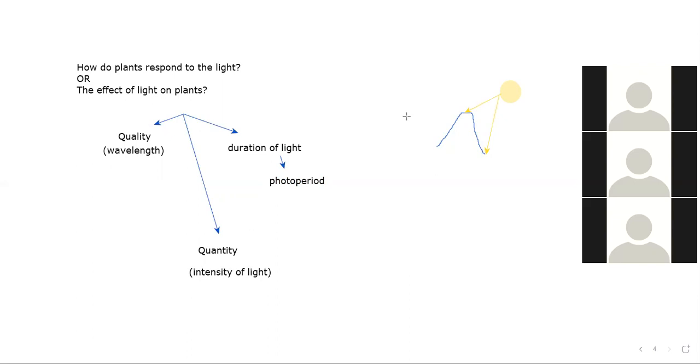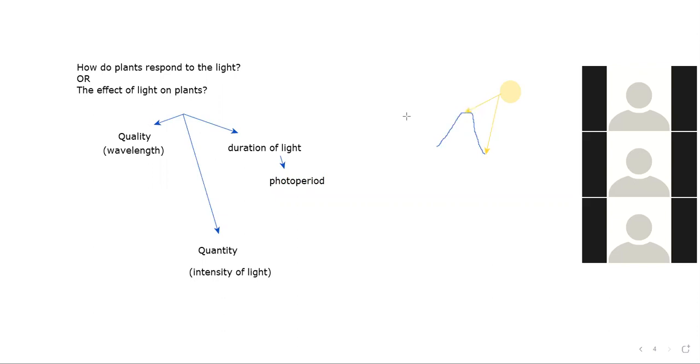This is the sea level, and this is above sea level. The light coming to the ground at sea level has to travel longer through the atmosphere.